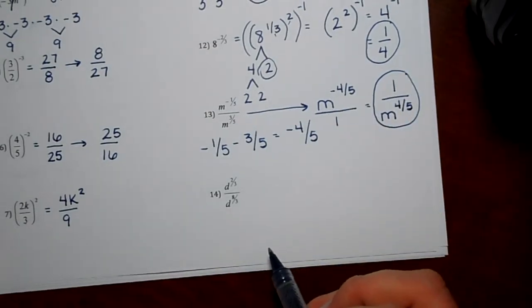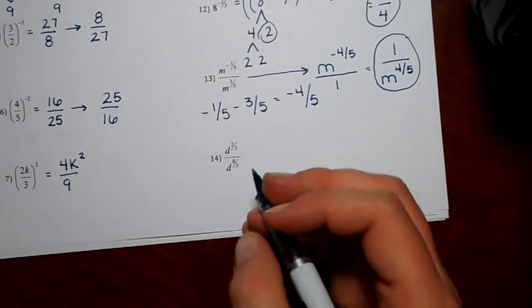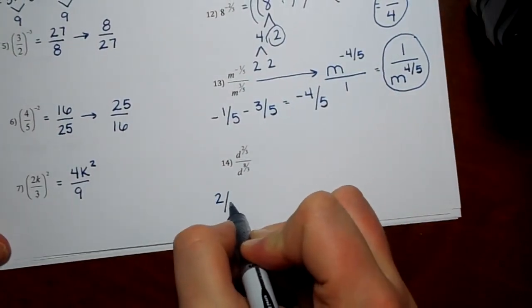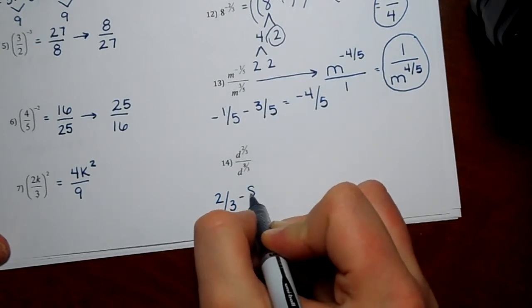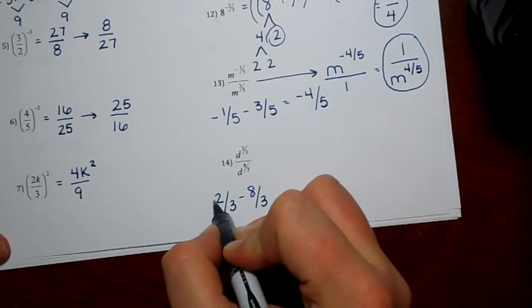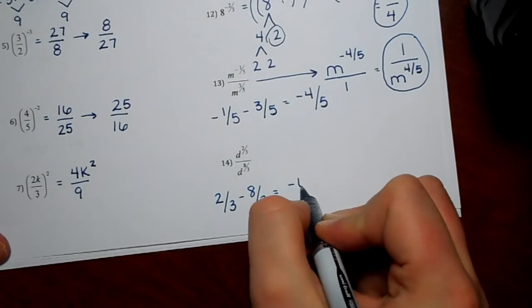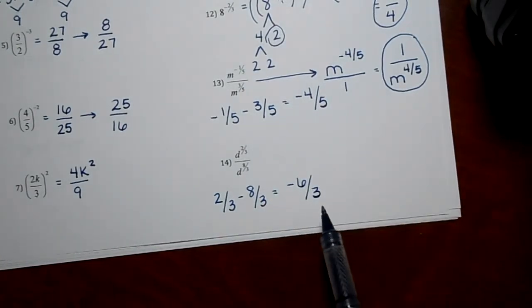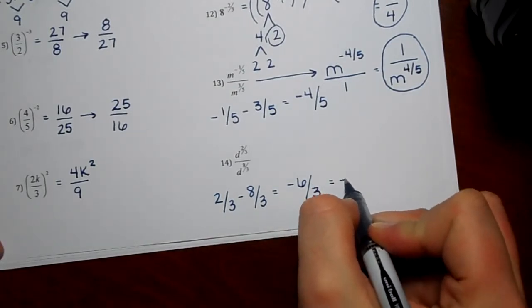Number 14 is very similar. Again, it's a division problem, so I'm subtracting. I'm doing 2/3 minus 8/3. Well, 2 minus 8 I know is -6/3. And now this one can actually be reduced. It reduces pretty easily. -6 over 3 becomes -2.